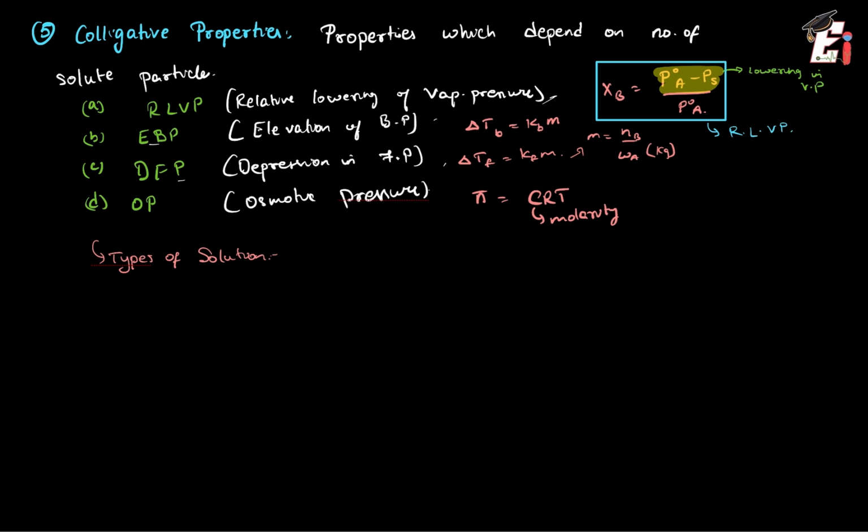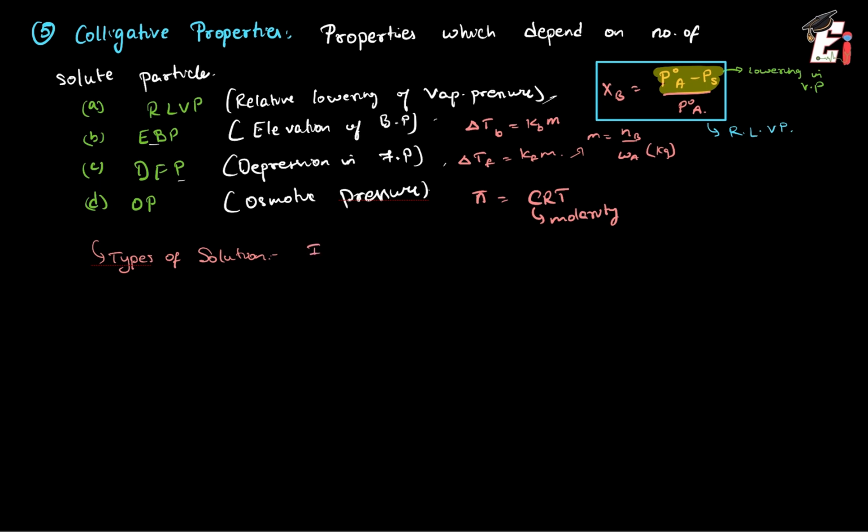The minimum pressure which is required to prevent osmosis is called osmotic pressure. The liquid is going to flow from lower solute concentration to higher solute concentration. To prevent that, how much pressure I should apply, that is called osmotic pressure.